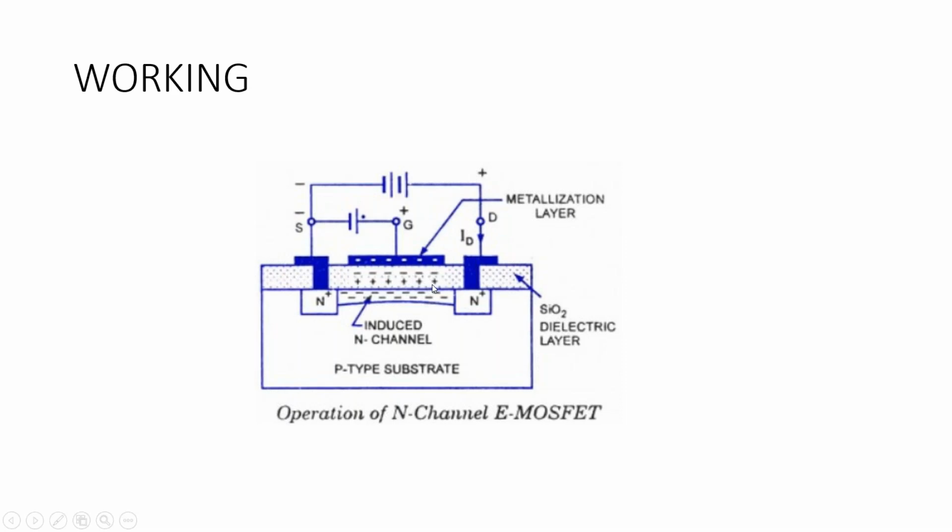This forms a thin layer of electrons, producing a thin layer of N-type channel in the P-type substrate, known as the N-type inversion layer. So this is the induced N-channel. When this positive potential is further increased, the current from drain to source, that is ID, will increase. So there is no channel initially, but with positive VGS, a channel is established.